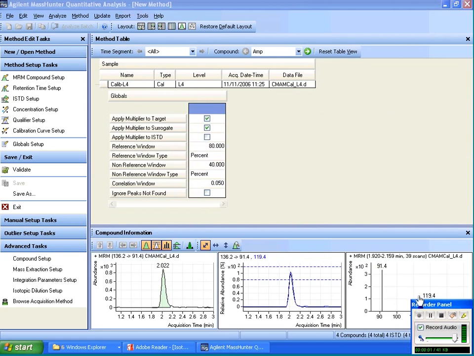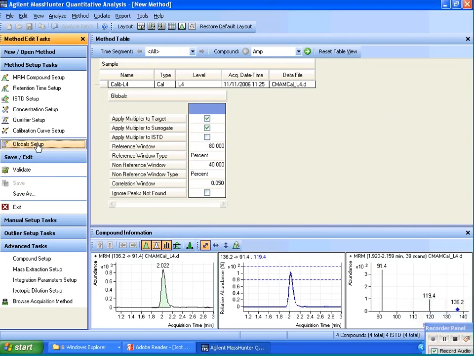In addition, there is the global setup in the method. So the global setup presents a couple of options here in terms of configuration. We have apply the multiplier to the target, apply the multiplier to the surrogate. Now, the multiplier is basically the dilution factor.